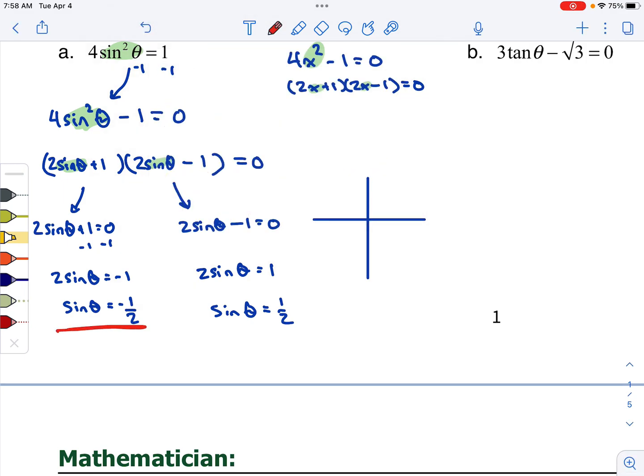And I'll use red for this one. So sine of theta, where's the y-coordinate opposite of this central angle? About 1/2 the length of the hypotenuse. So I'm going to put this here.